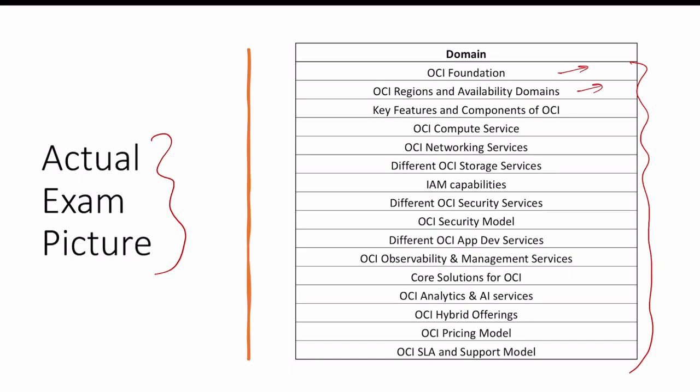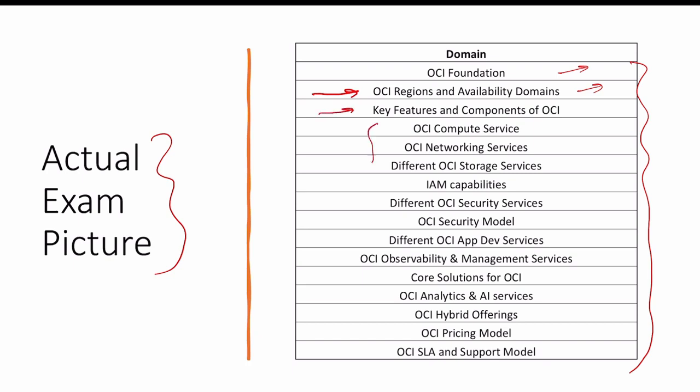First we need to understand the OCI foundation, that is Oracle Cloud, normal things in general. Then we will talk about the OCI architecture. You should have an understanding of regions, availability domains and fault domains, which we will see in this video. Then key features and components of OCI, you will get questions from them.